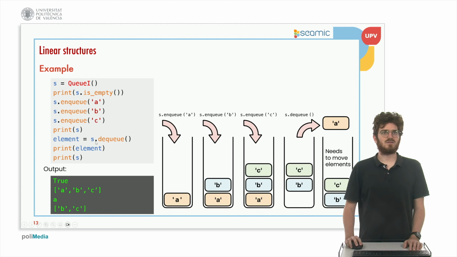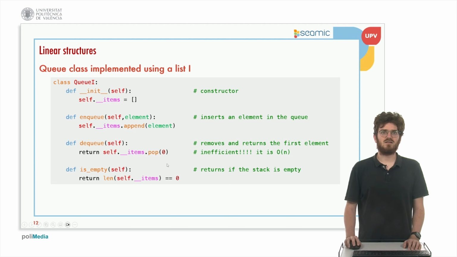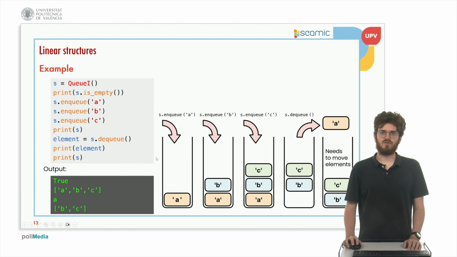And now comes the tricky part. When we call the dequeue operation, this extracts with a pop, as we can see here, with a pop(0) call, the first element from the queue. However, because this is implemented using a list, the pop operation has to perform two actions.